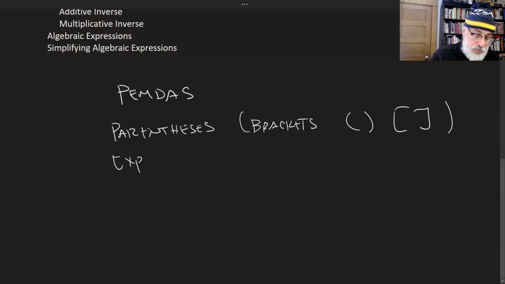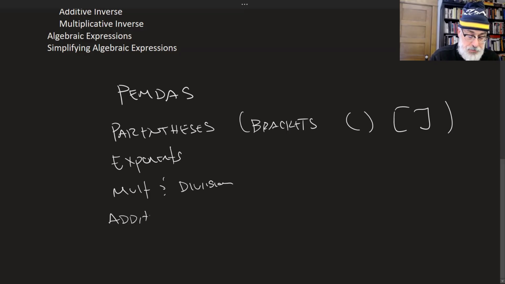Exponents. Multiplication and division, and addition and subtraction. So this is the order in which we do arithmetic.